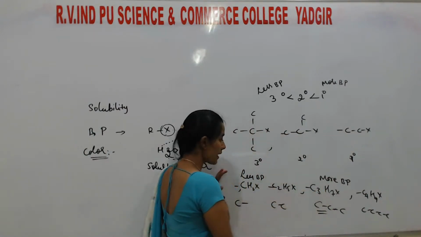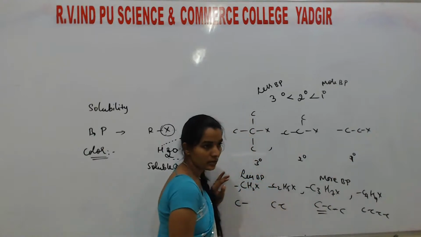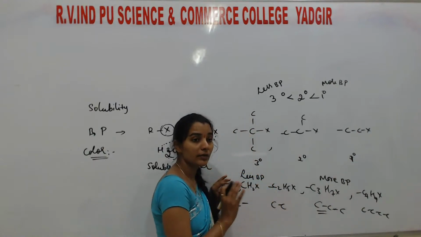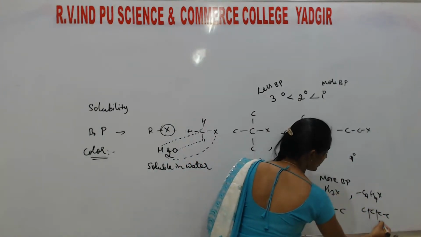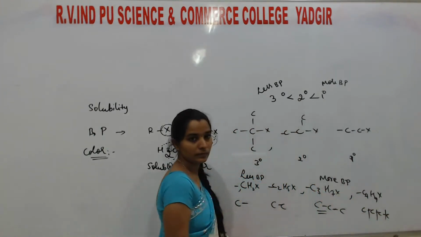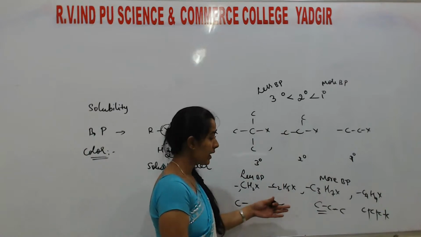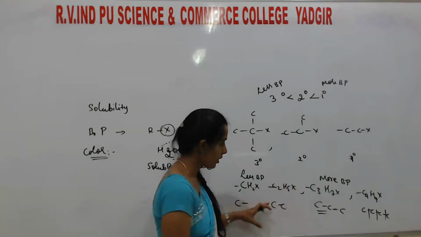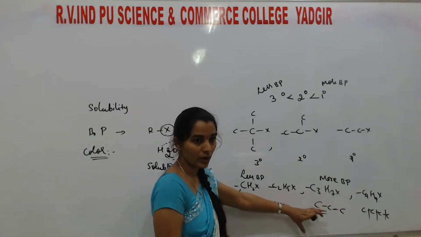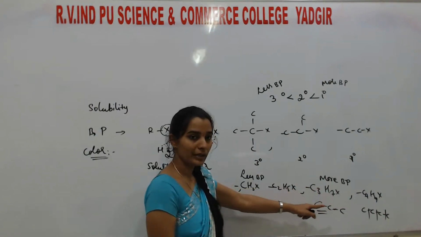Listen, as the straight chain increases, the number of intervening bonds increases, so the branches must be broken here, here and here. So it takes too much time to break the bond. In the straight chain, if the number of carbon atoms increases, the boiling point increases.